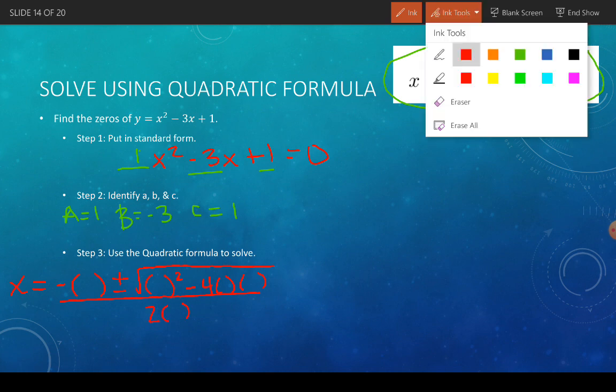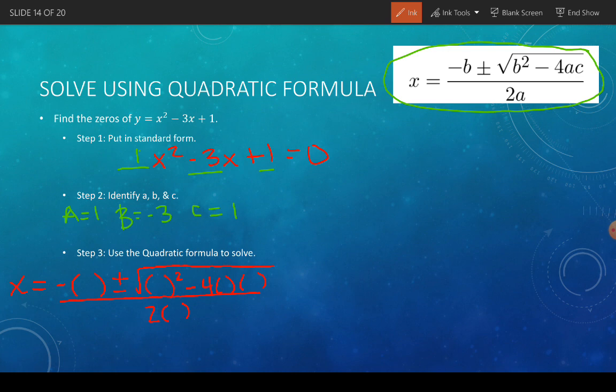So let's go ahead and plug in our values of a, b, and c. So b is negative 3. Then it says b squared, so we'll plug in a negative 3 here. 4 times a is 1. C is also 1. And then all over 2 times a, well, a is 1.